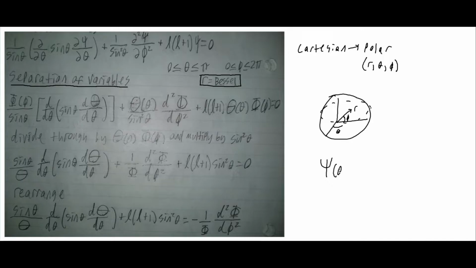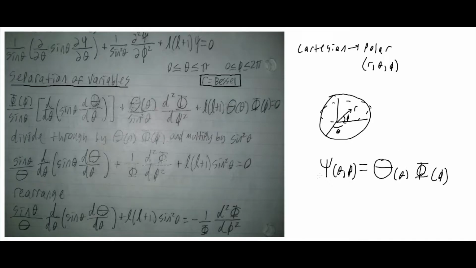We do our separation of variables, which is taking our psi, a function of theta and phi, and separating it into the uppercase theta, which is a function of theta, multiplied by the uppercase phi, which is a function of our phi.